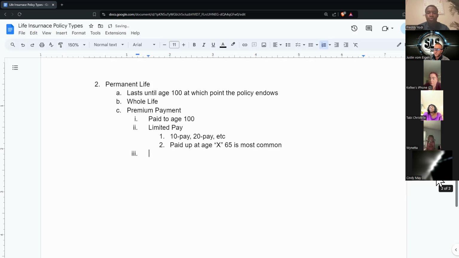It's retirement age. And then you can do single premium. And then we have variable, and then fixed. Premium payment paid to age 100, or unlimited.